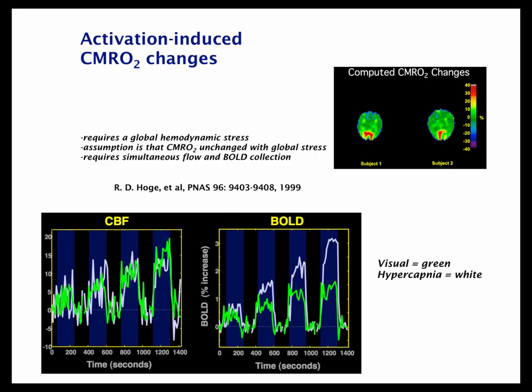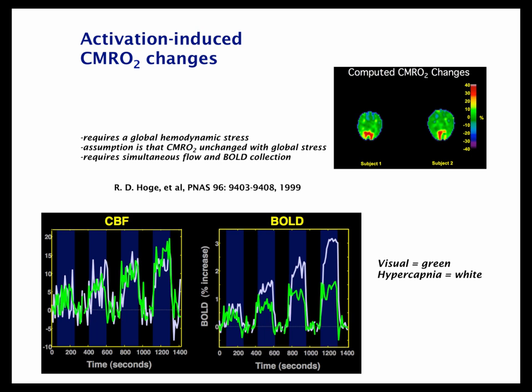Okay, CMRO2. So the way you can extract CMRO2, which is cerebral metabolic rate of oxygen in the brain, using fMRI, is by using the understanding that if you give a task with BOLD contrast, you have an increase of perfusion in the area.